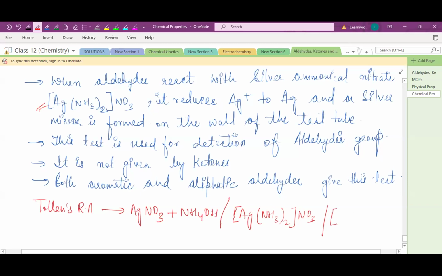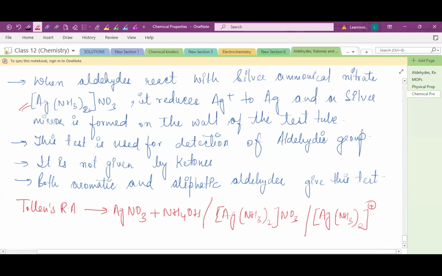When dissociated in water, Ag(NH3)2 gets the positive charge; this is the cation and OH minus is the anion. So when you are writing the reaction of the Tollens test, you can use either this or this or this. Both are the same thing.